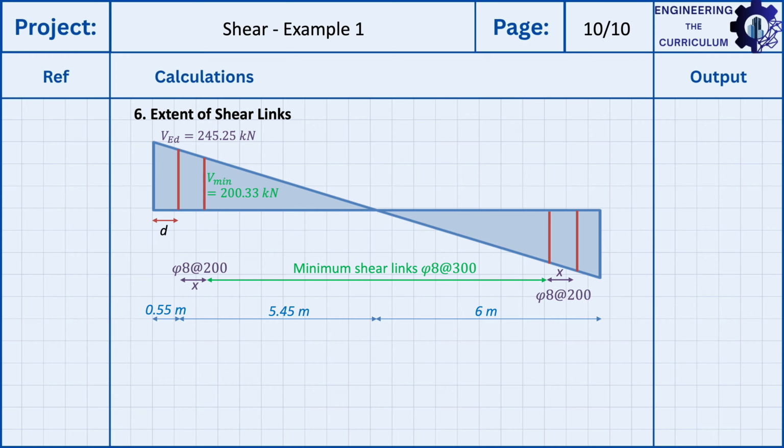If I can figure that x, that distance between VED and Vmin, I can then know exactly where I put the design shear links and where I put the minimum shear links. And to do that, I can just use similar triangles, or you can use the UDL or any other method.